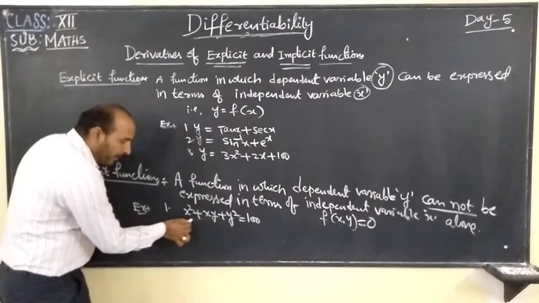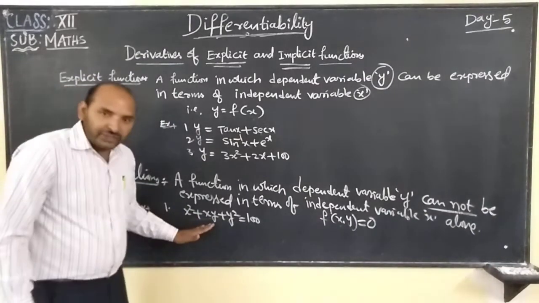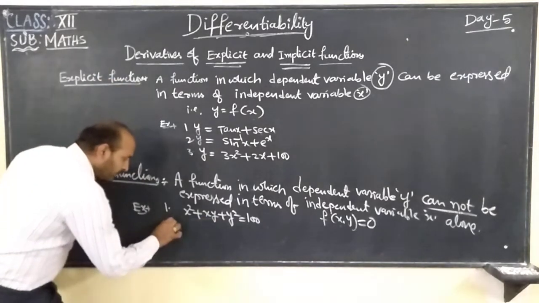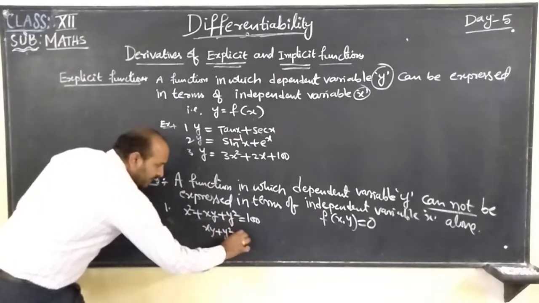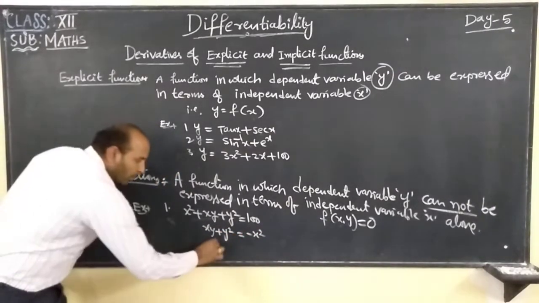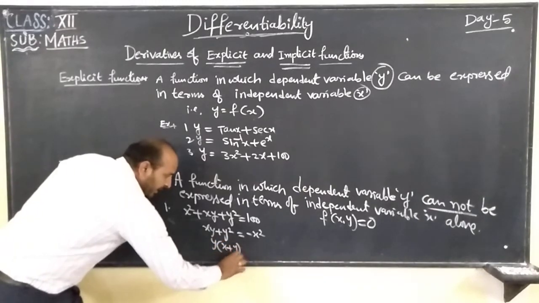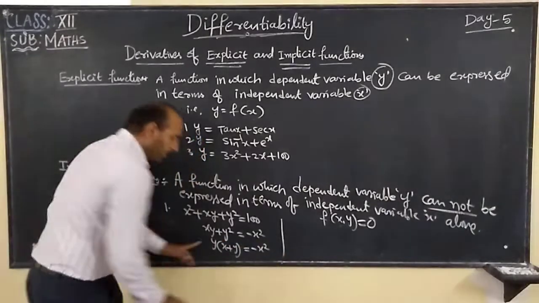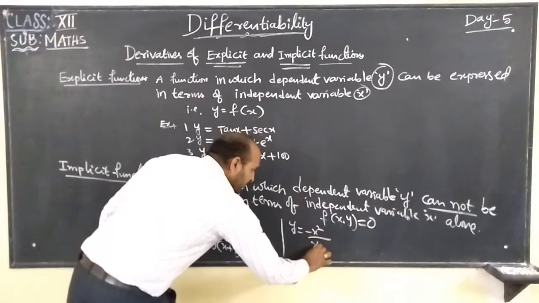Observe, here also variable x, here also variable x. When we separate this function, we can write, you can observe here, simplify: xy plus y square is equal to minus x square. So take y common, y times x plus y is equal to minus x square. Simply you can write y is equal to minus x square by x plus y.